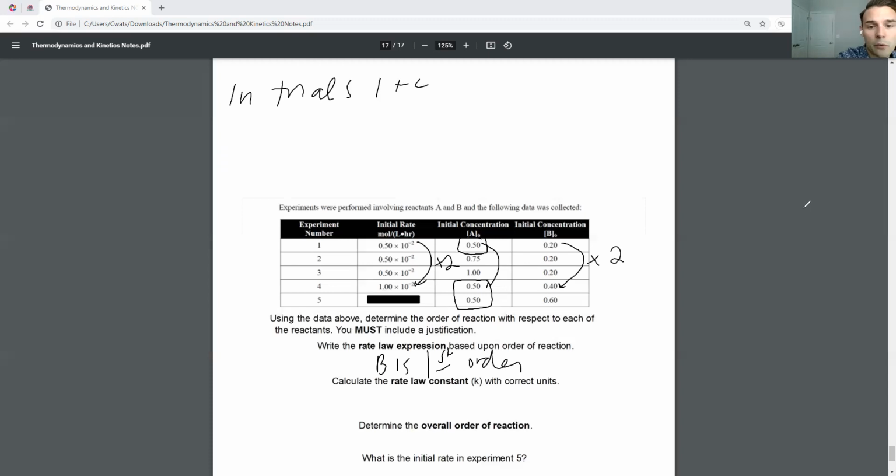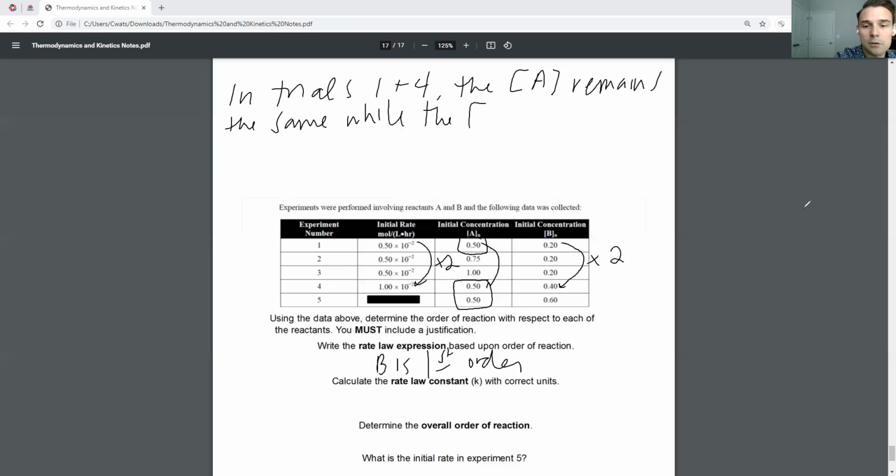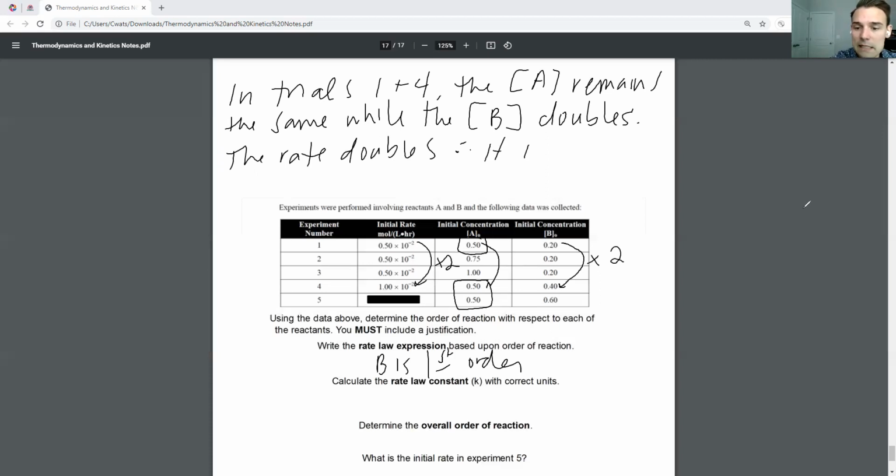In trials 1 and 4, the concentration of A remains the same, while the concentration of B doubles, the rate doubles. Therefore, it is first order with respect to B.